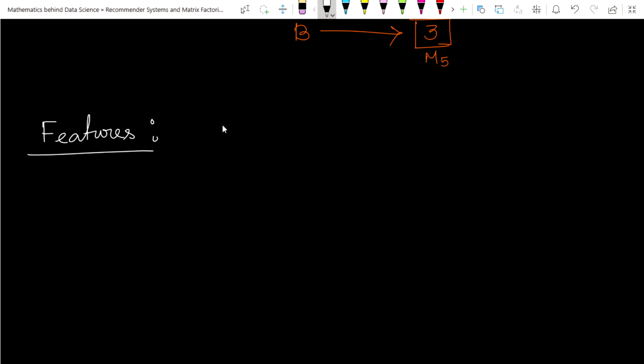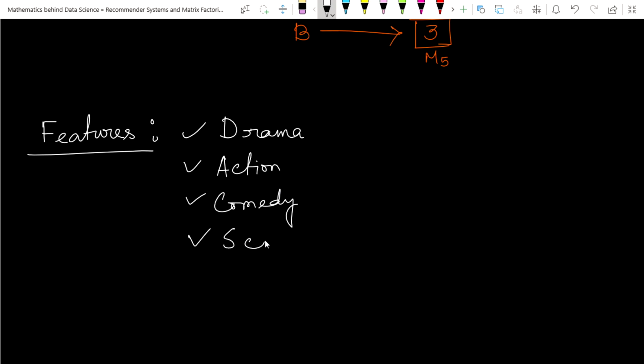The features of a movie: it may be a drama movie, or an action movie, or a comedy movie, or it may be a scary movie. And then the user's choice.